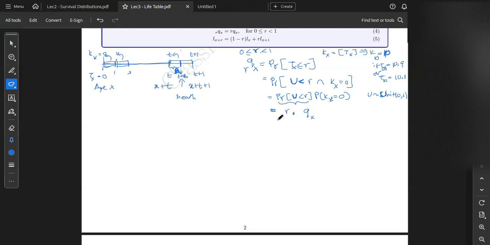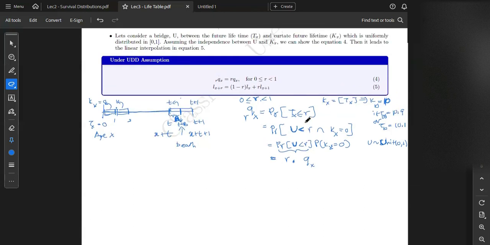So that is the reason behind this equation, where the uniformity assumption is valid for a 1 year time period. That is why we had the uniform distribution from 0 to 1. Even in future examples, we will see that.